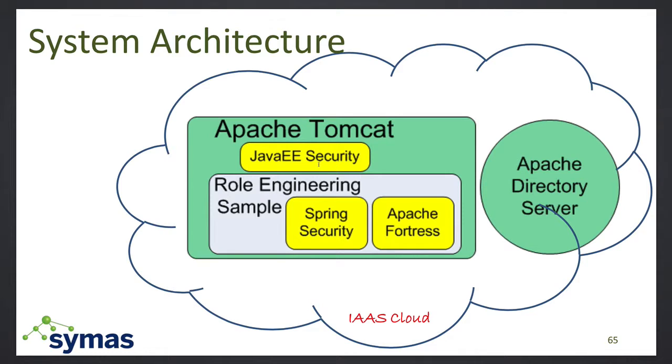The system architecture is that this application is running inside of a machine in my IaaS cloud, and that machine has 2 processes: Apache Tomcat with the role engineering sample deployed, and Apache Directory Server, which has the LDAP where the policy resides. Then we have 3 things going on from a security perspective. We've got Java EE security between the container and the app, Spring security embedded into the app, and Apache Fortress programmatic checks for the permission checks.